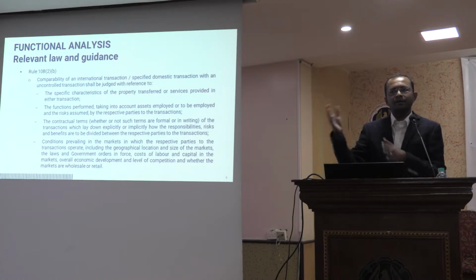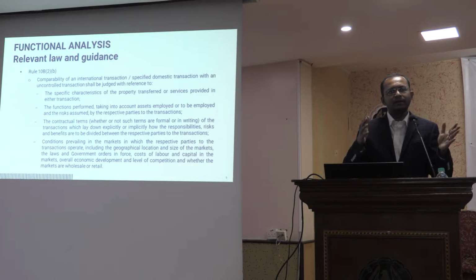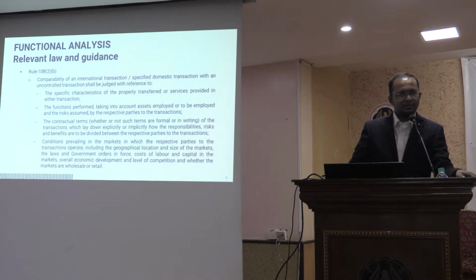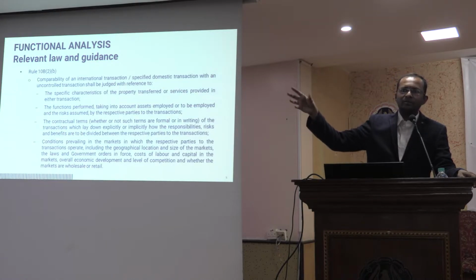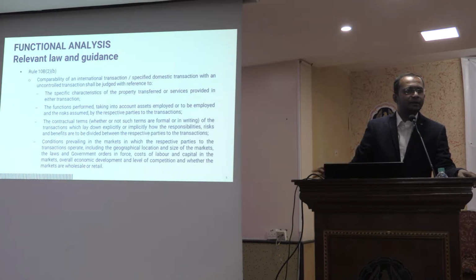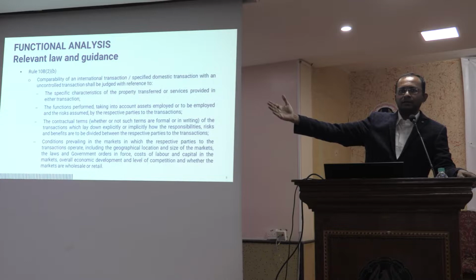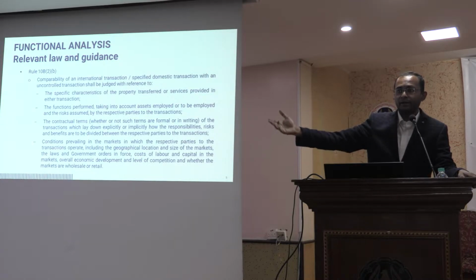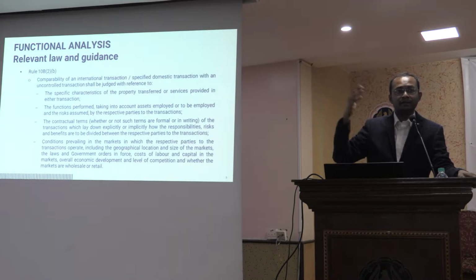And how do we rebut that presumption? We rebut that presumption by saying that that transaction was entered into in arm's length circumstances, or circumstances in which even third parties or unrelated parties would have entered into. So there is no difference between the transaction that I have entered into and the transaction which a third party would have entered into. Now, how do we get going there?